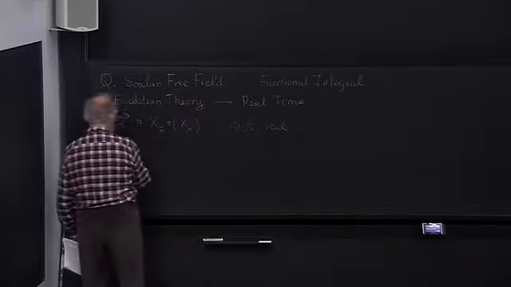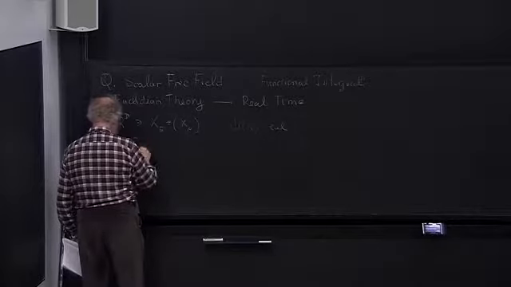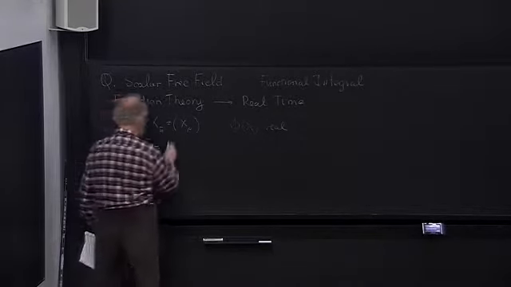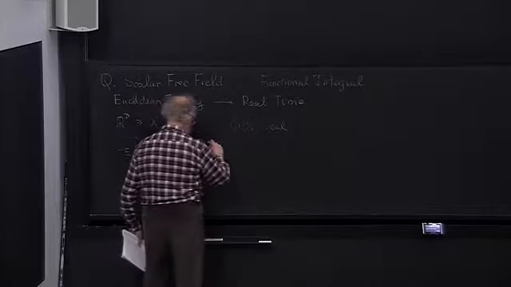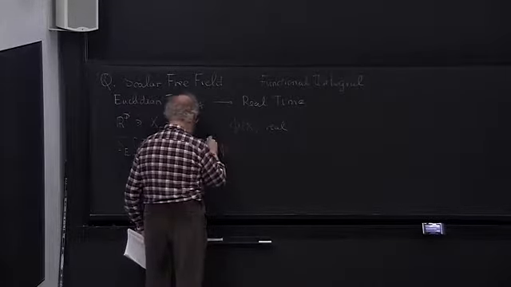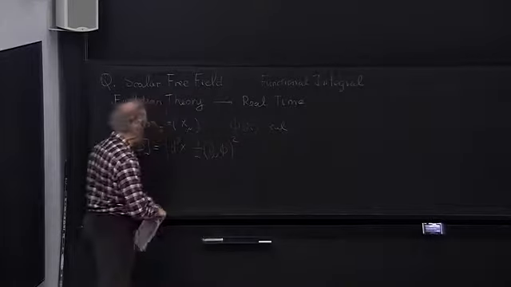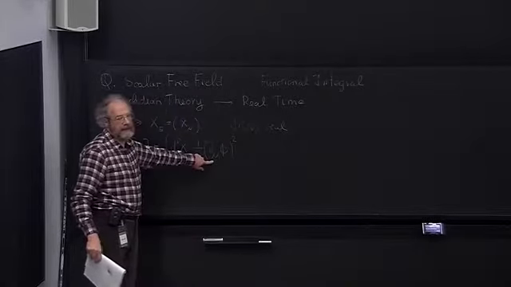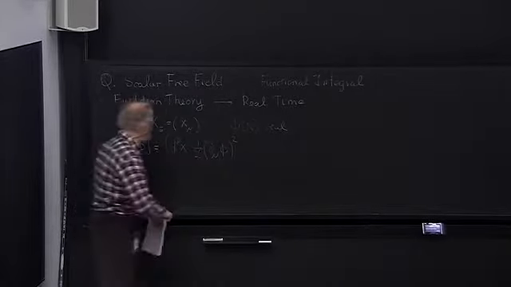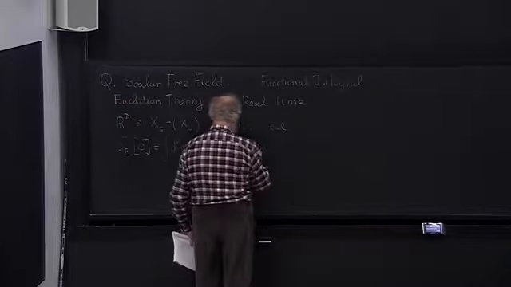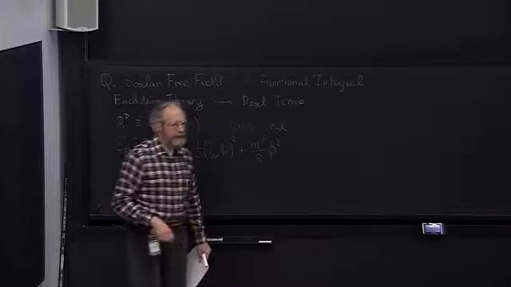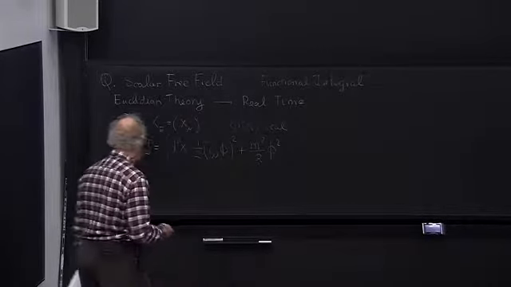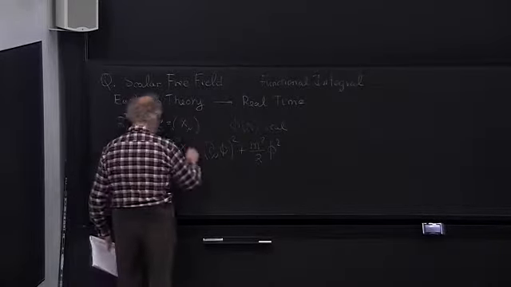And the Euclidean action for a field configuration is just the integral over space-time of 1/2 (d mu phi) squared. Here we don't have to care whether the index is up or down because it's the same signature, plus m squared over 2 phi squared, where m is the mass of the particles that appear in the spectrum of the theory. Okay?